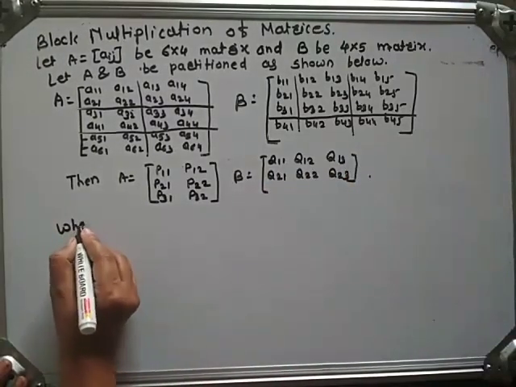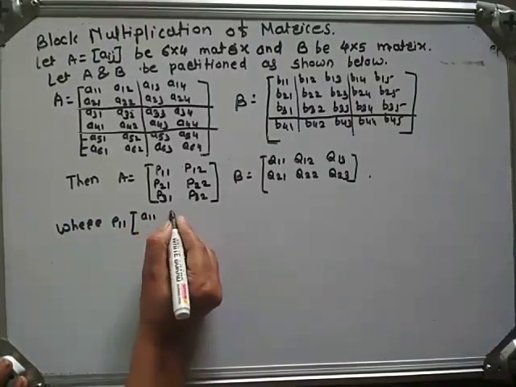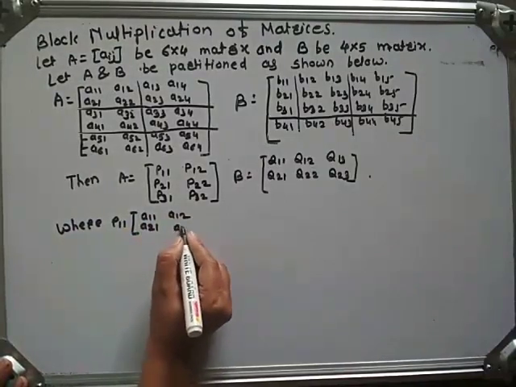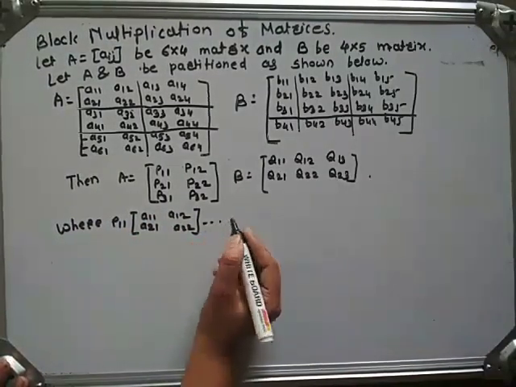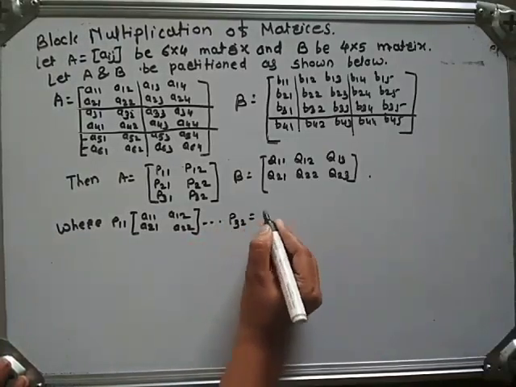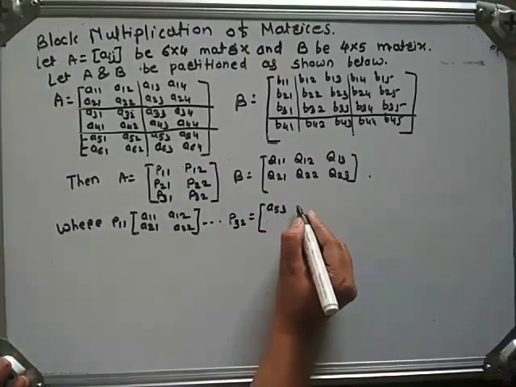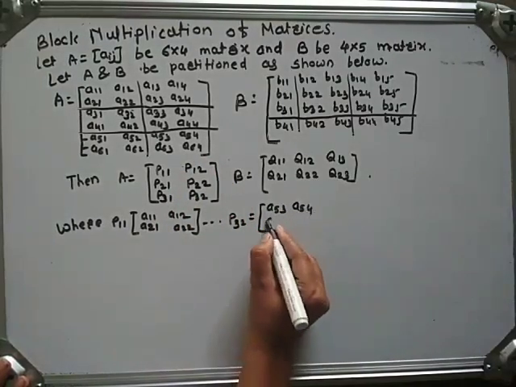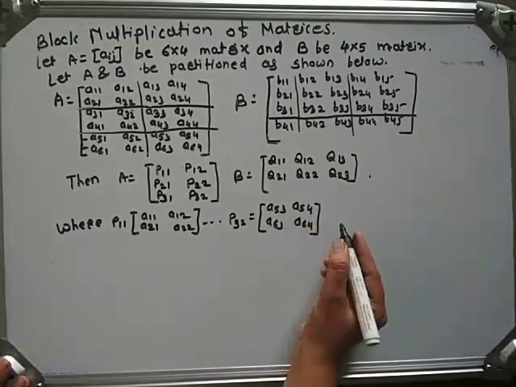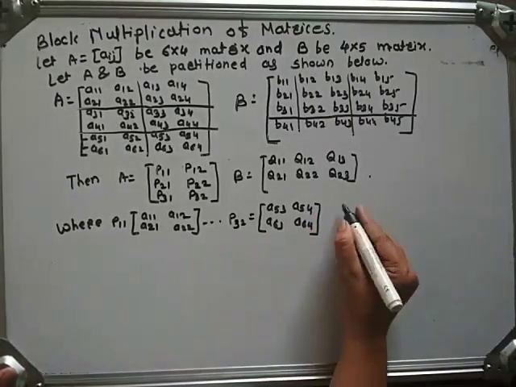Where we know that P11 is nothing but A11, A12, A21, A22, and so on up to P32, the last matrix, A53, A54, A63, A64.